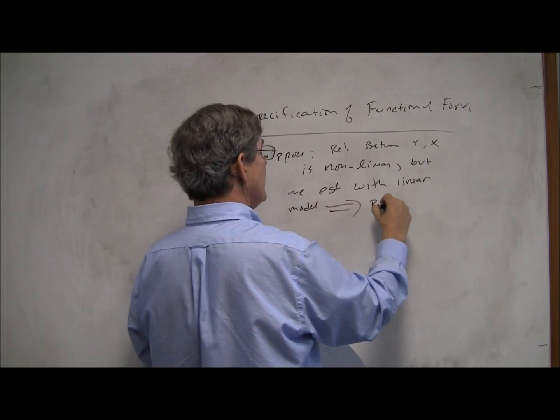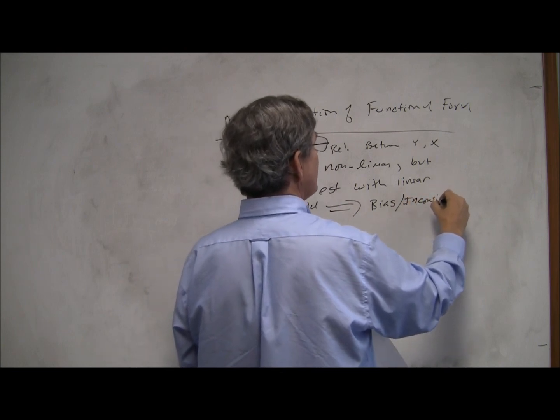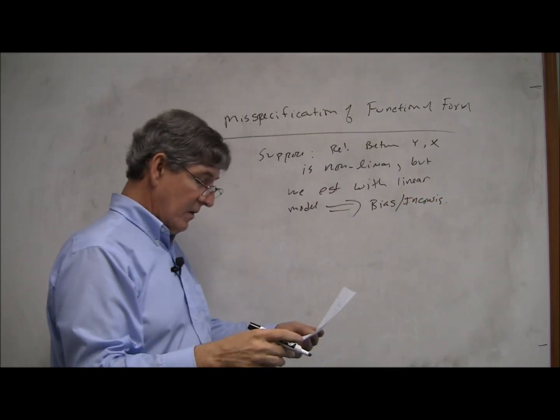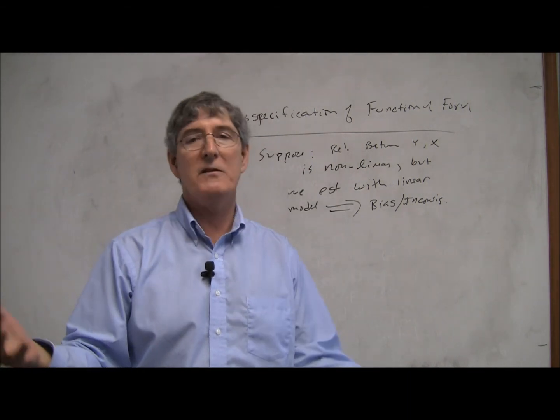That can cause bias and inconsistency. You're not going to get the right parameters. You haven't modeled the data very well. For instance, suppose you need a quadratic term and you've left it out.